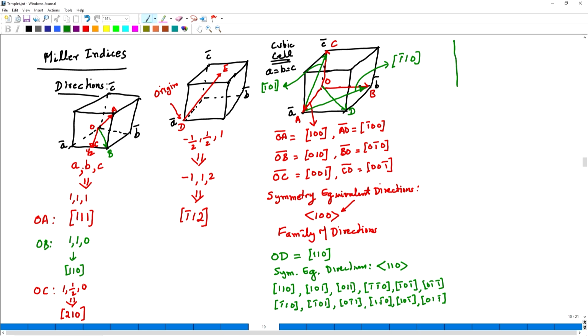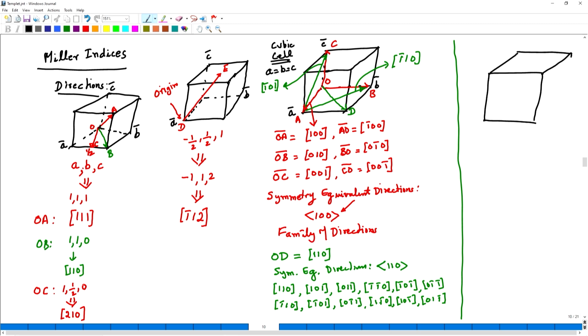So, if I want to specifically write a specific magnitude, whenever we write down the indices for the direction, we always need to put down which is my vector A of the unit cell, vector B of the unit cell, or vector C of the unit cell. If I don't specify that, then my directions would become meaningless because I don't have a reference.